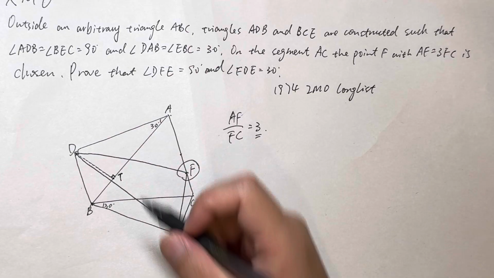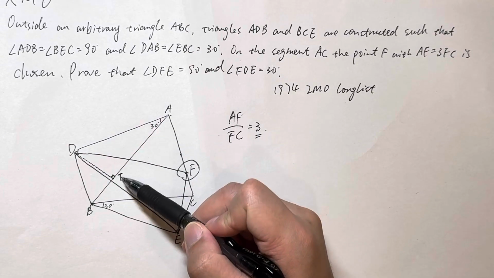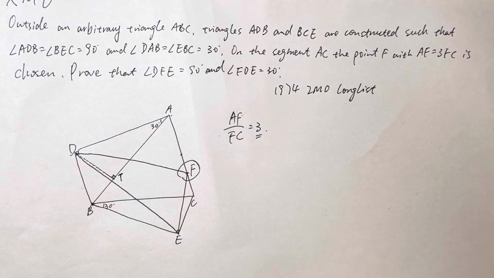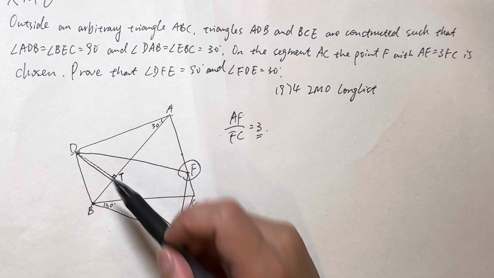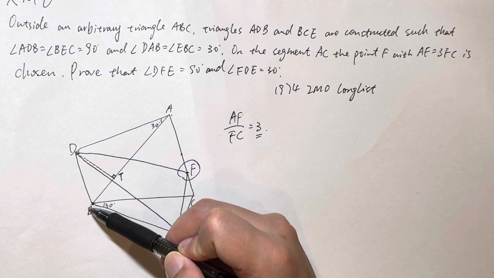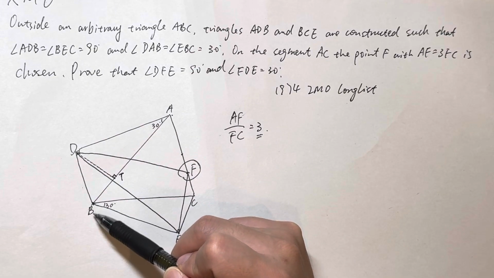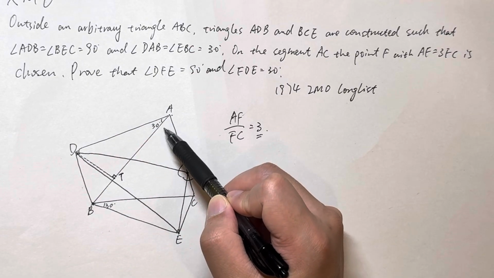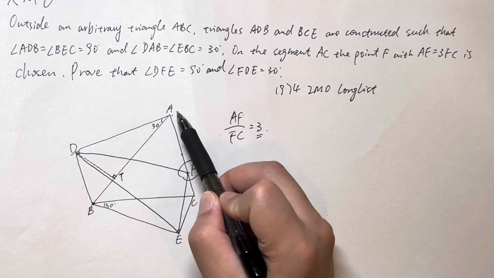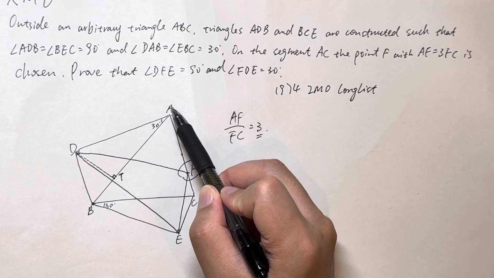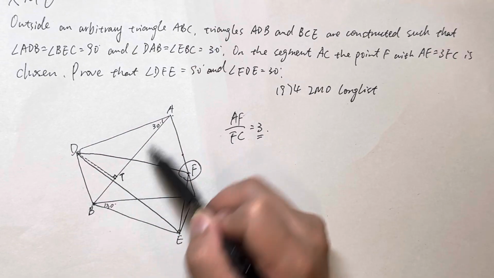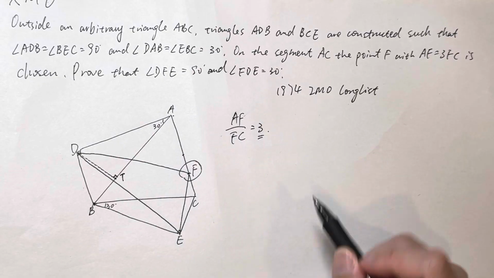In this triangle, we have these 3 included. Why? Because triangle ADB is a right triangle which has an angle of 30 degrees. So we know that DA is square root 3 over 2 of AB, right?